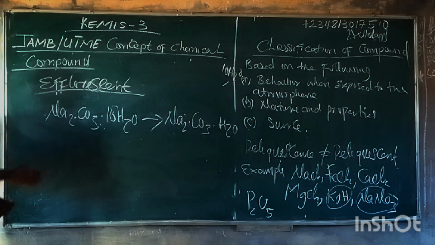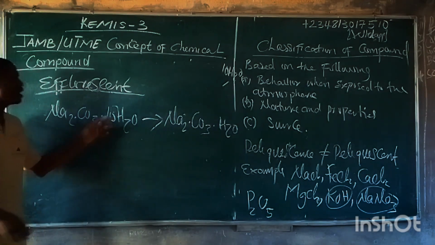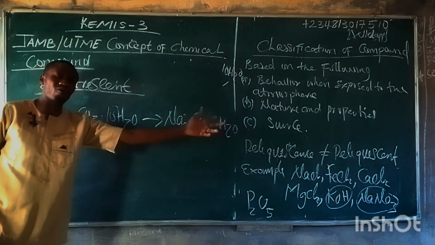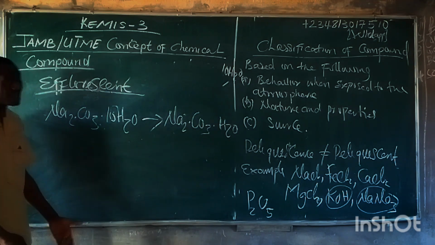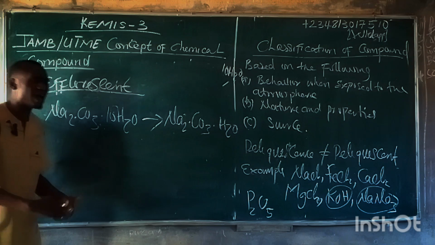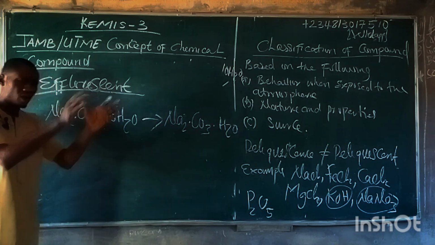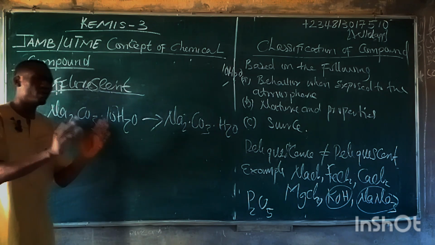Now, you can see that nine water molecules are lost, then eventually we have one water molecule. Efflorescent substances are substances that lose water molecules when exposed to the atmosphere.